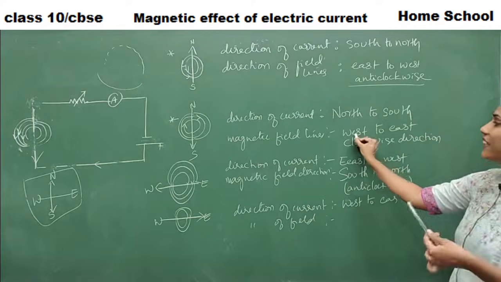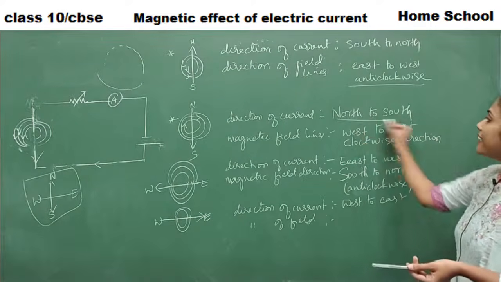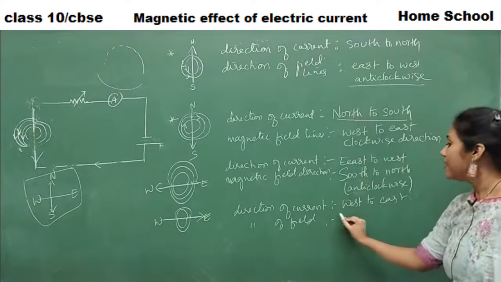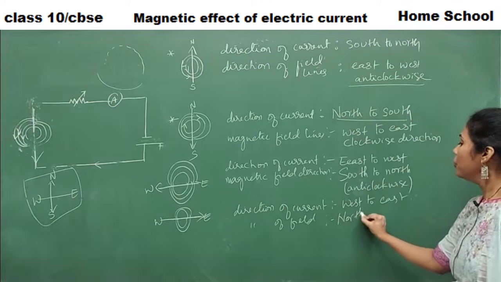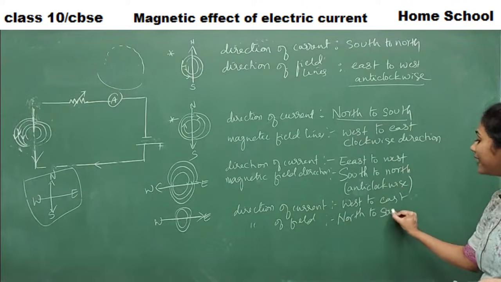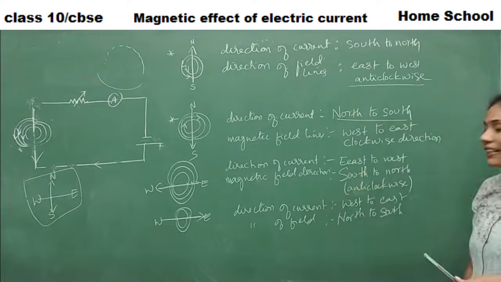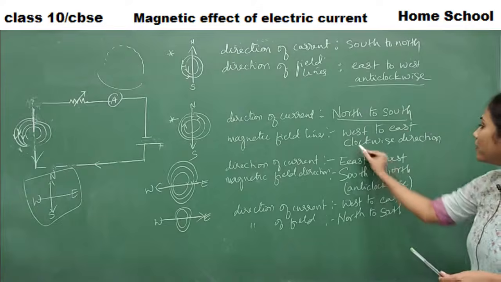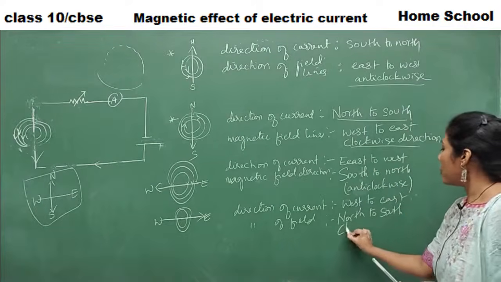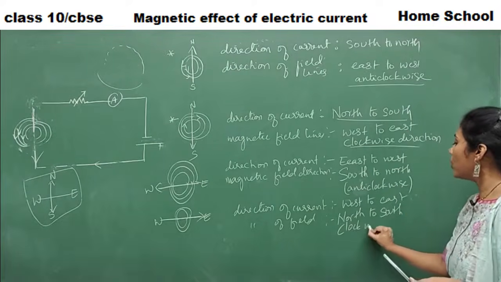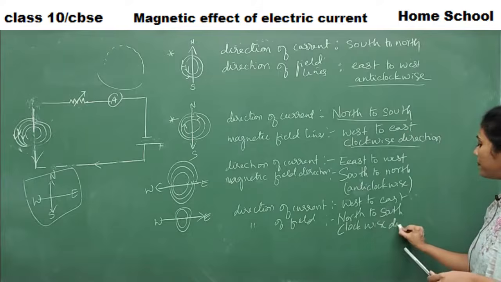This I have taken as the direction of current, then this will be the direction of field lines. So, north to south. This is a trick to remember. If you know these two things you can predict easily. North to south in the sense clockwise direction.